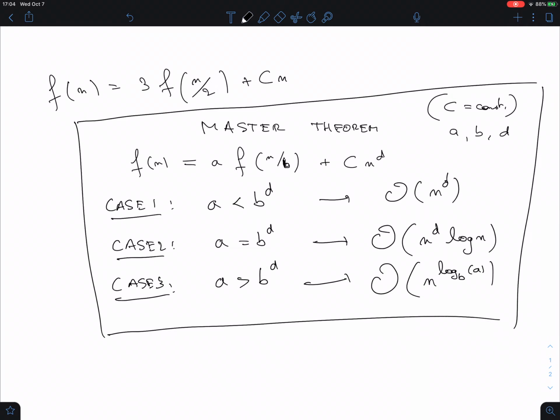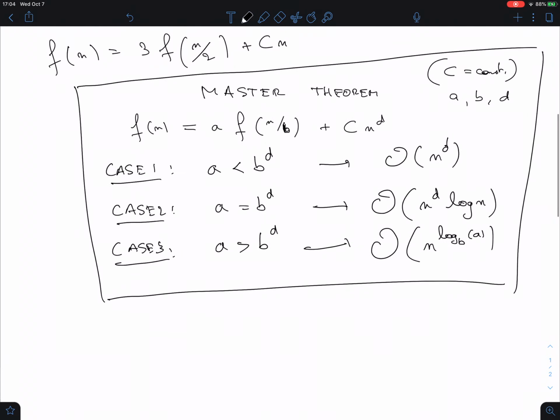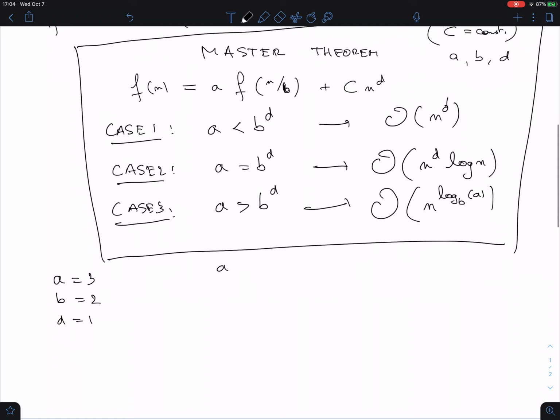So let's see where we are now. I have a was 3, b was 2, and d was 1. So what we have to calculate is a, and we have to compare it with b to the power d. So a is 3, and b to the power d is 2 to the power 1, which is 2. So in which case are we?